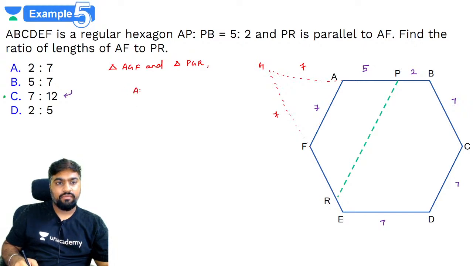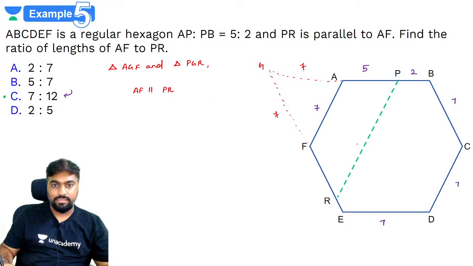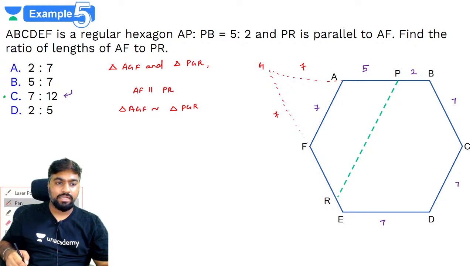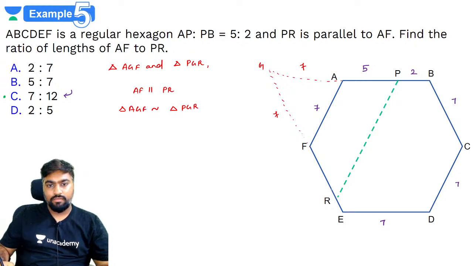If the bases of these triangles are parallel, then you know that both these triangles are similar. AGF is similar to triangle PGR, correct? Why? Because these angles will ultimately become equal. This angle will become equal to this, this angle will become equal to this, and this is a common angle anyway. समझ गए?